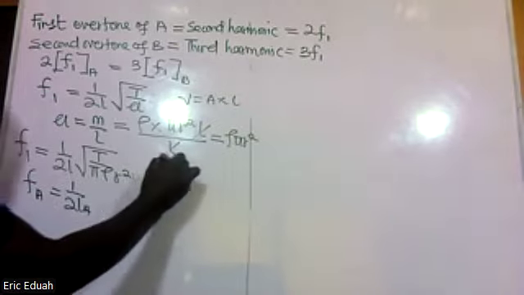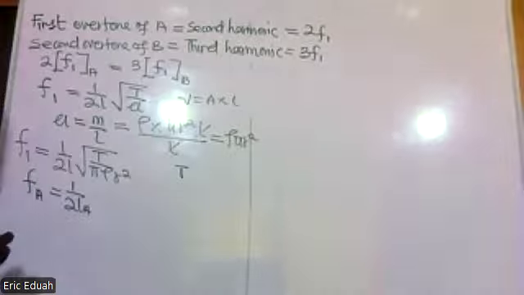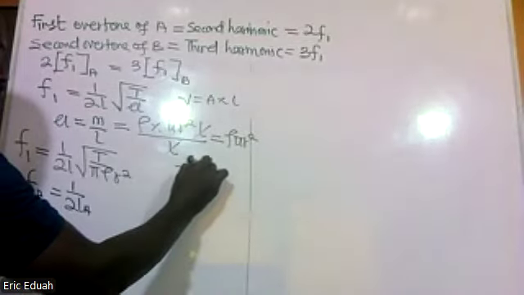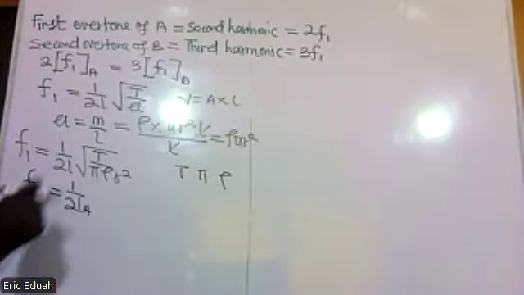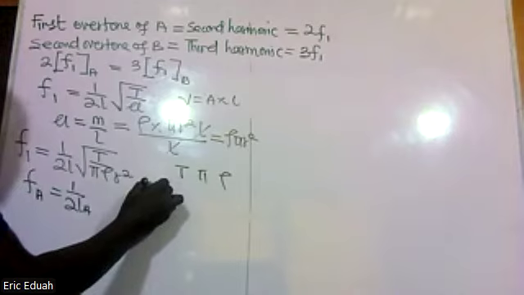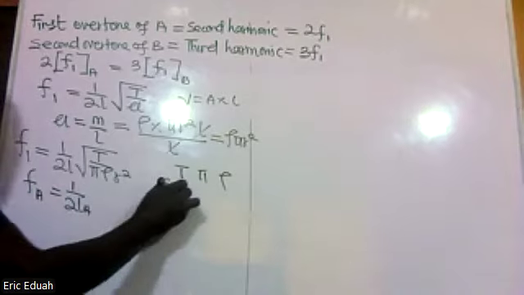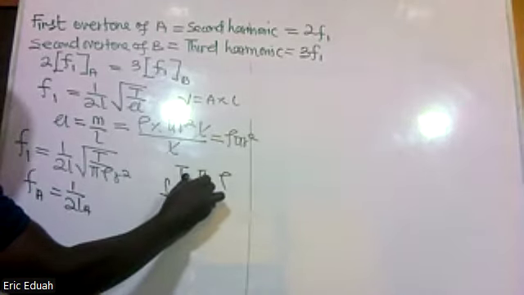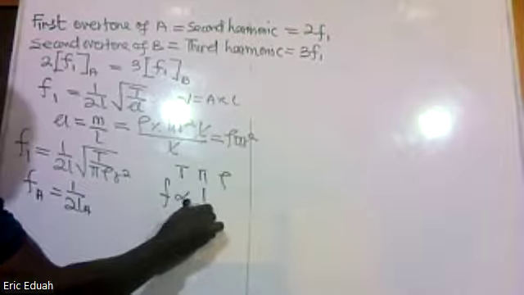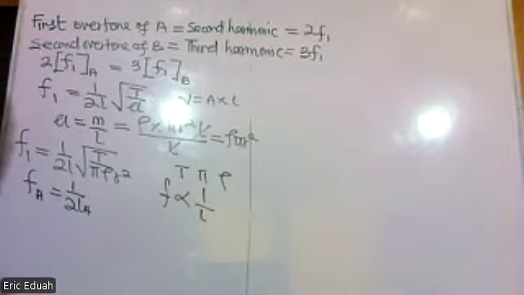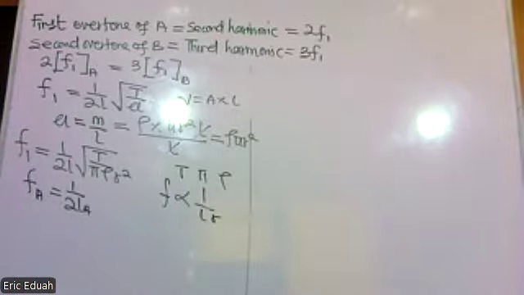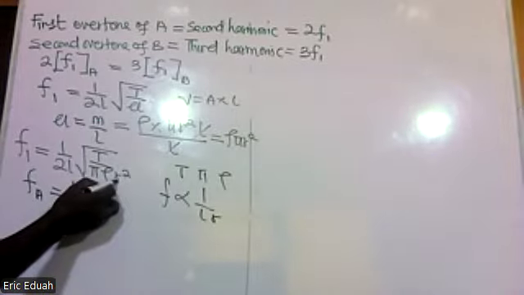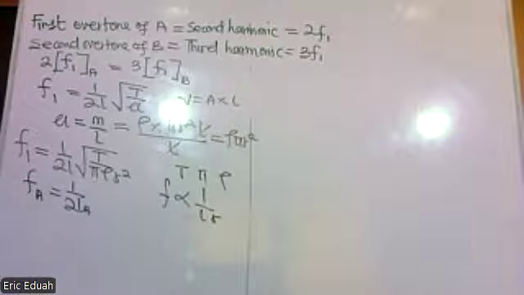Since T is the same, pi is the same, rho is the same, I can eliminate these and say that F is inversely proportional to the length, times R, because when I take the square root of R squared, I'll get this.